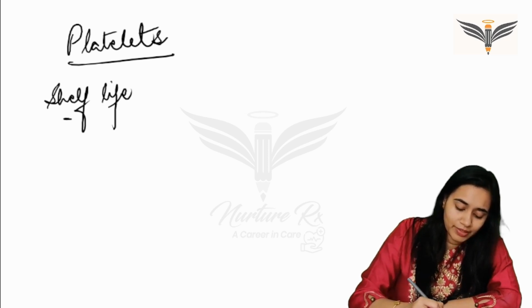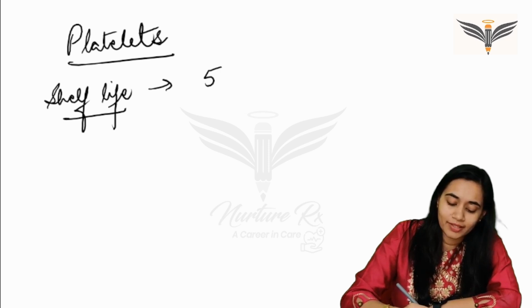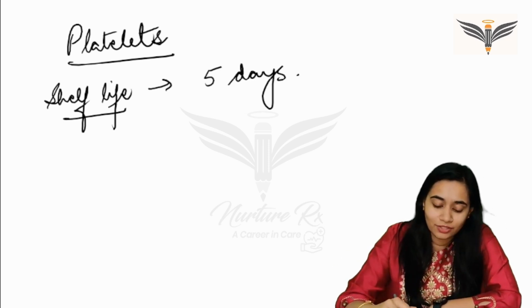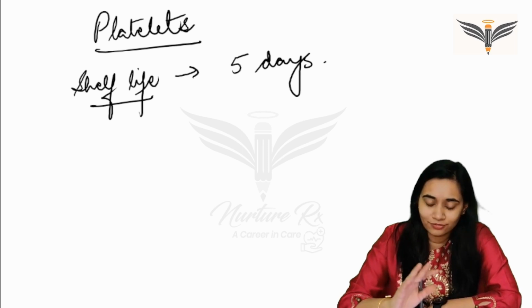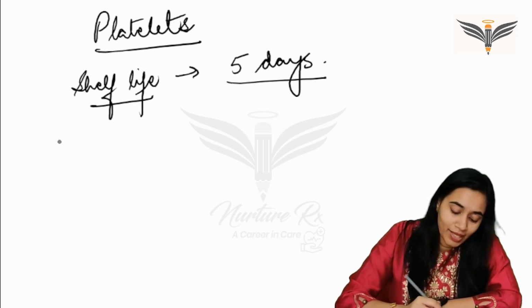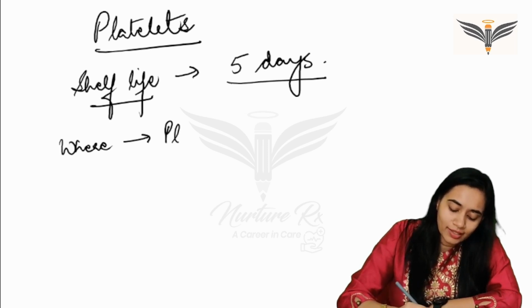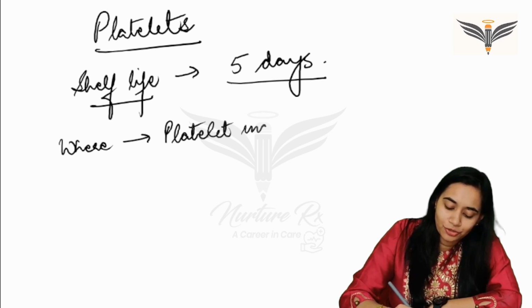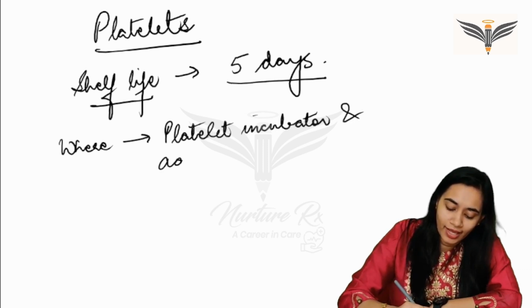So very simple, shelf life of platelet is 5 days, irrespective of the additive solution. Whether you're adding any additive solution or not, the shelf life of platelets is 5 days. Where is it stored? It is stored in an equipment called a platelet incubator and agitator.